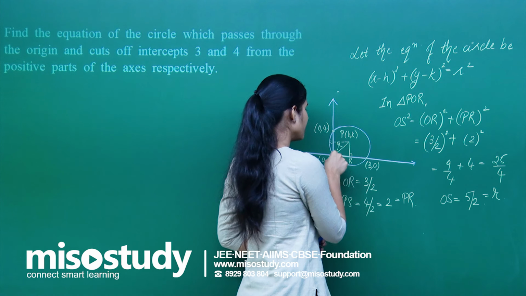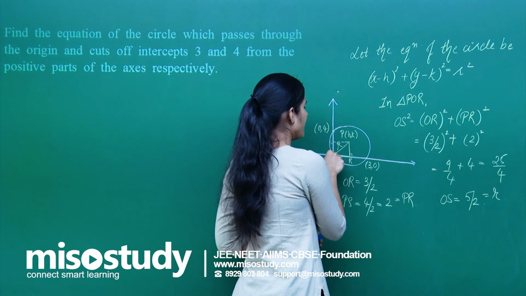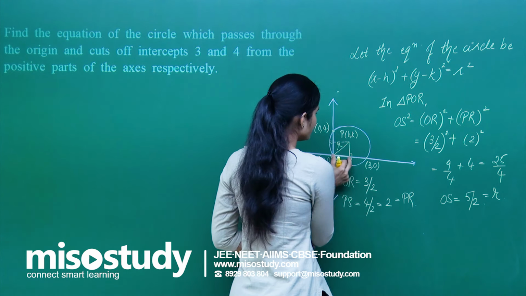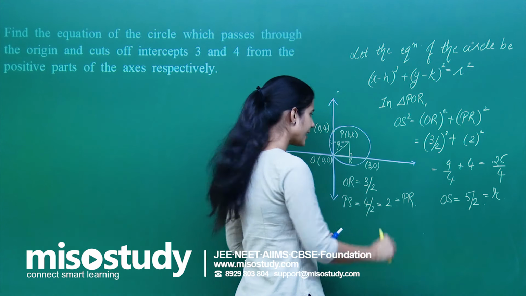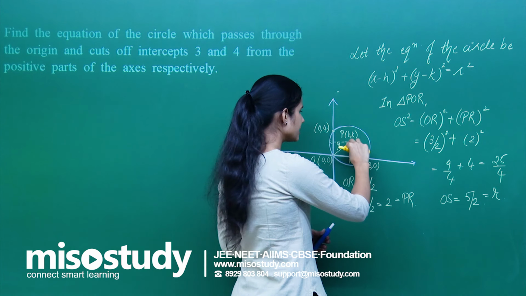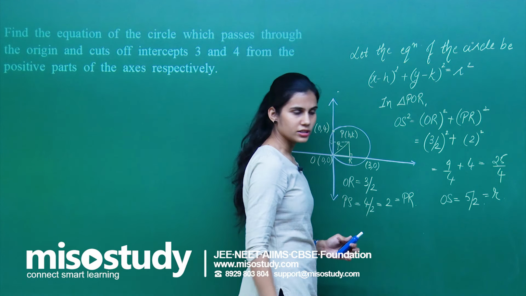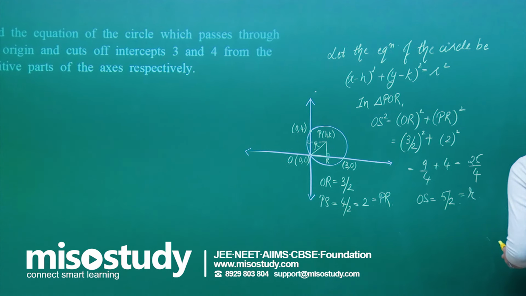Now, if this is r, what do you mean by this? h is this distance and k is this distance. k distance is clearly 2. What is k? How far is this point from the origin? This is going to give you the coordinates of the center.